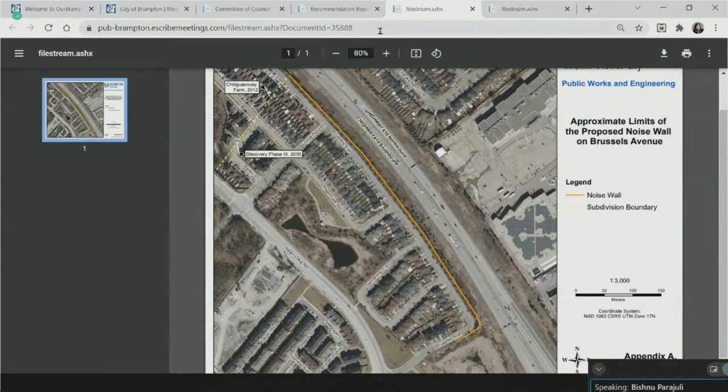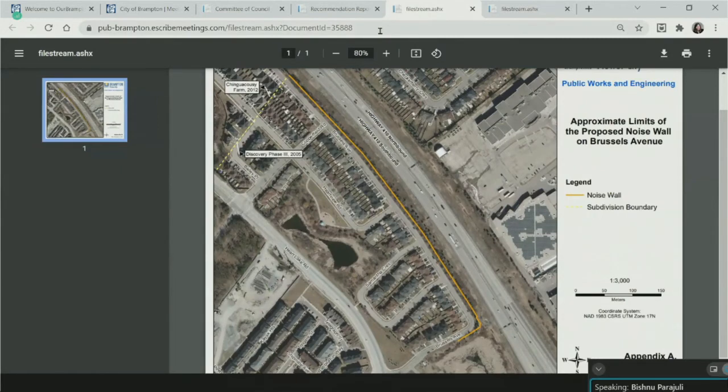That's the main reason that the original subdivision noise report didn't capture that. And also what we found is, as a result of growth around this area, the design traffic volume at that time is much less than the ultimate expected traffic volume in this area.